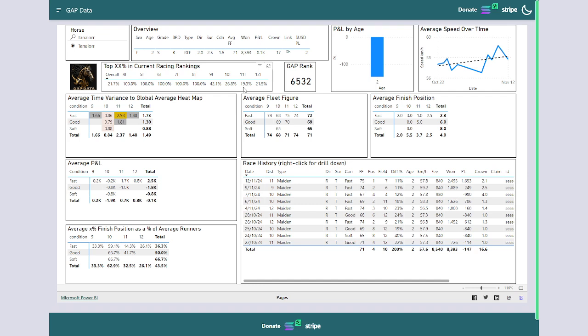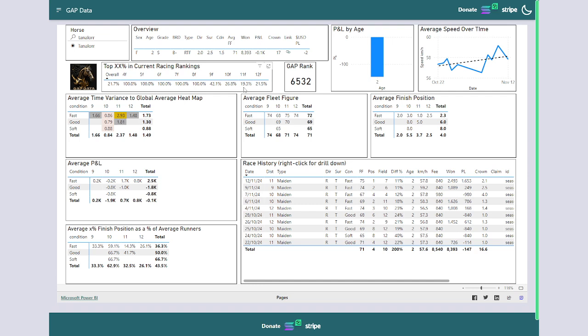So it's not an amazing result. You want that to be really low. If you were at 0.2%, that would mean your horse is some god-tier horse at 11 furlongs, right?